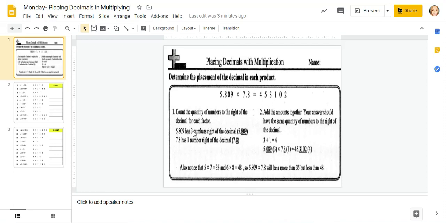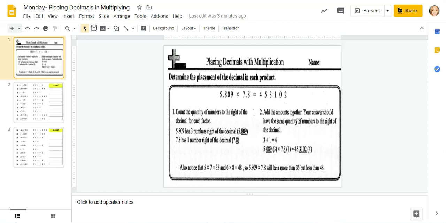And it tells you that right here. So 5.809 has 3 numbers to the right, and it underlines it for you. 7.8 has 1 number to the right, and it underlines that for you. So now you have 4 numbers behind these decimals here. Then your product needs to have 4 numbers behind your decimal.